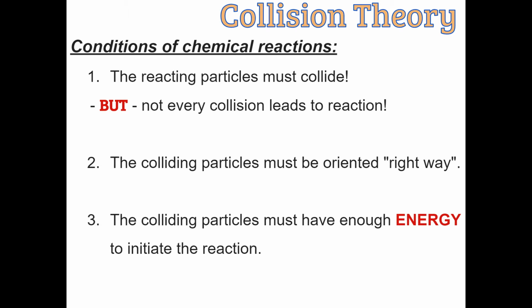So we need so far two things. We need a collision between the reactants, and we need that collision to be done at a specific orientation that is favorable for the existing bonds to be broken and new bonds to be formed.